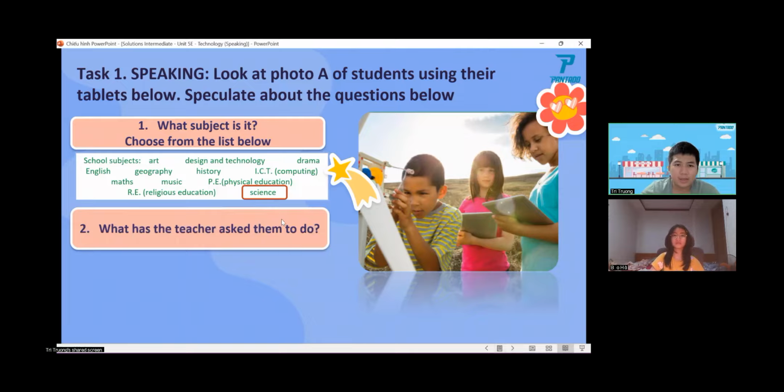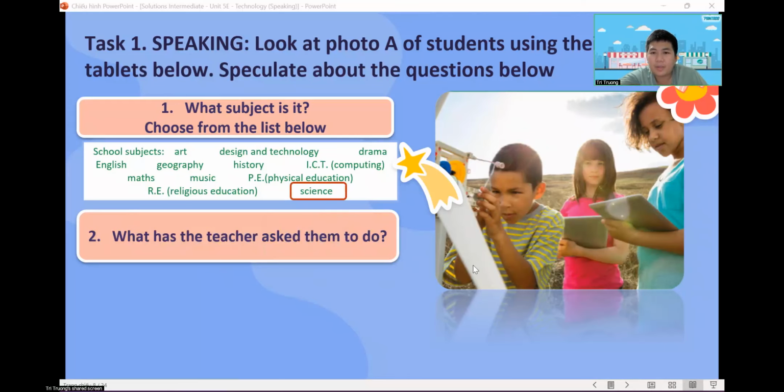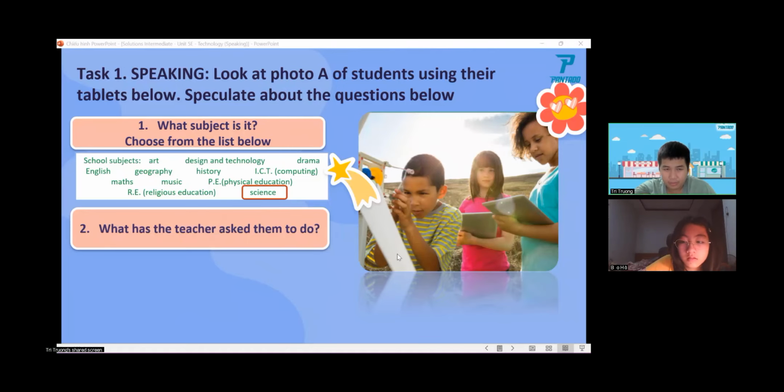And the next question is, what has the teacher asked them to do? So have you ever joined a science class before? Yes. And do you know what activity the teacher usually asks the students to do?